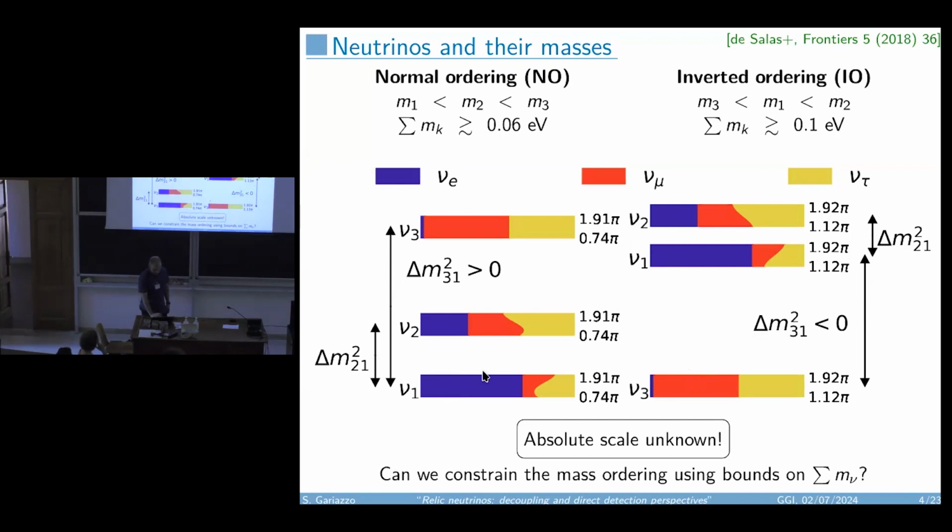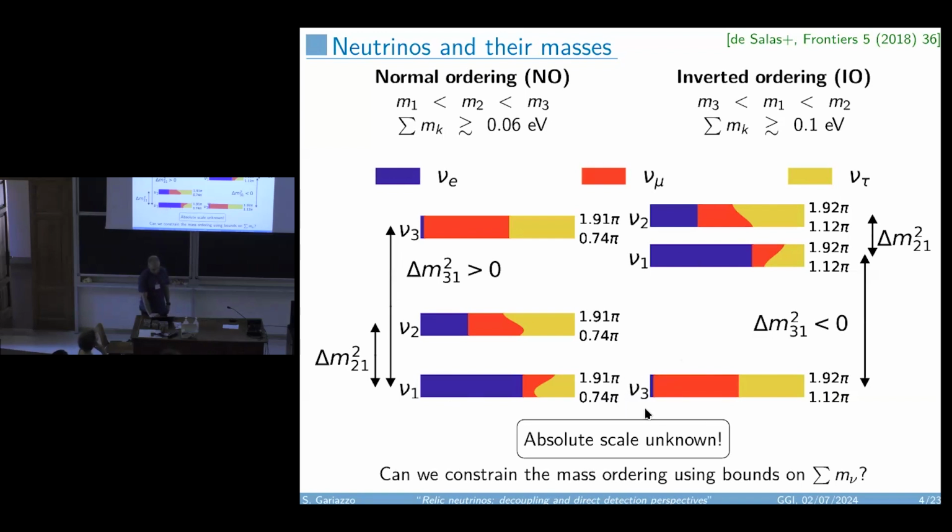The blue band here represents the mixing between the mass eigenstate and the electron flavor, which is very important for direct detection of relic neutrinos, as I will show later. So you see that in normal mass ordering, the lightest neutrino corresponds to the largest fraction of the electron neutrino flavor, which corresponds therefore to the lightest lepton.